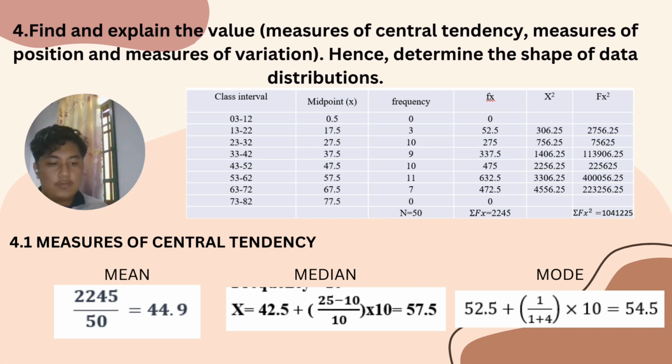The difference between the frequency of the modal class and the frequency after the modal class is 2. By putting all together into the formula for the mode, you will get 52.5 plus 1 over (1 plus 4) times 10.